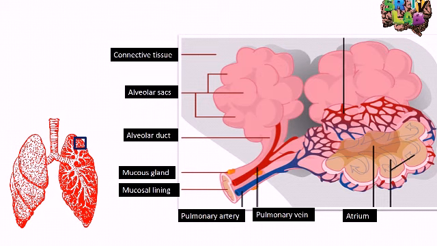Here we see the atrium, then the alveoli. The alveoli are the end way of air, where air will give oxygen to the blood and then get carbon dioxide and take it outside of the lungs. There we see the capillary beds. That is where the gas exchange takes place.